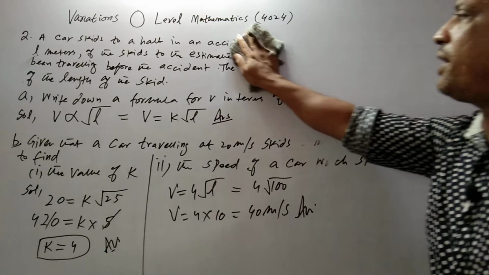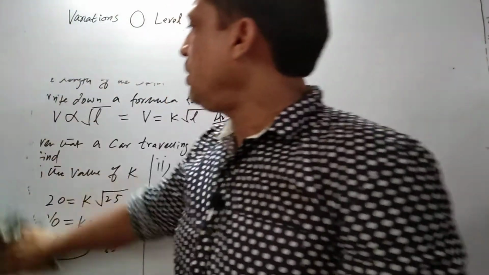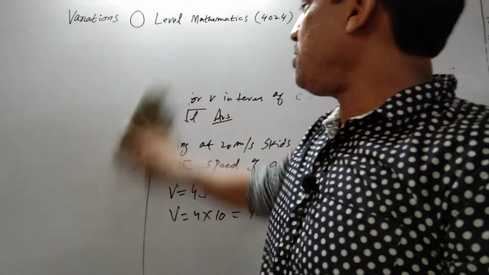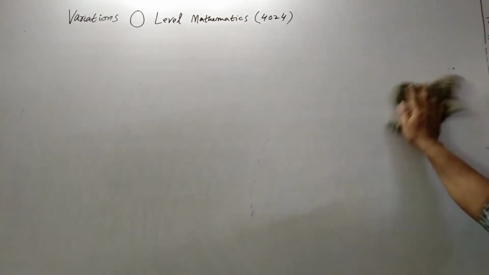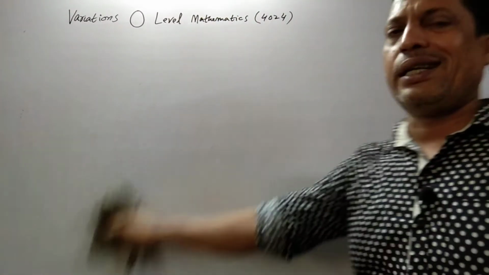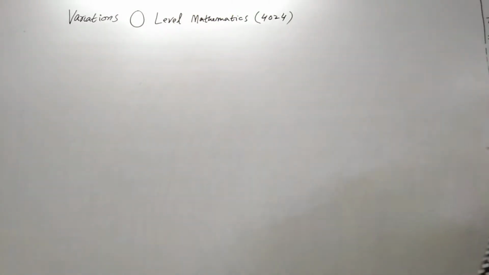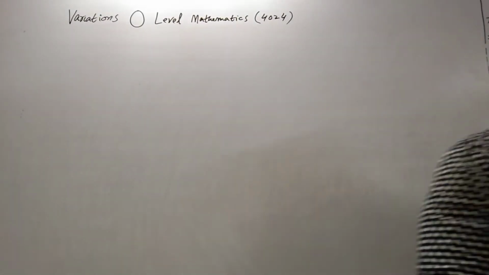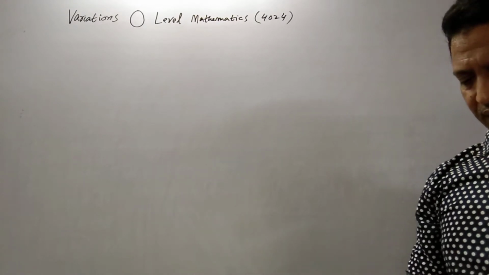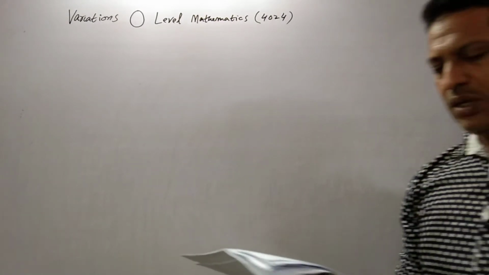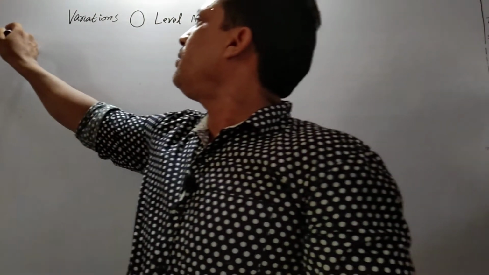Again I am taking word problems. These are past paper questions, but old past paper questions. These questions came in '96, '97, '98, '99. The next question is question number 3.